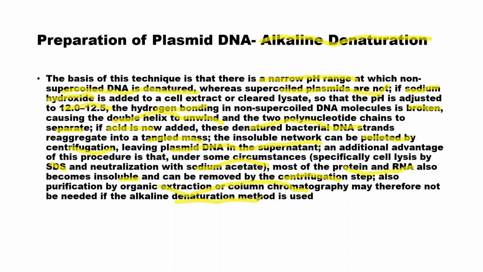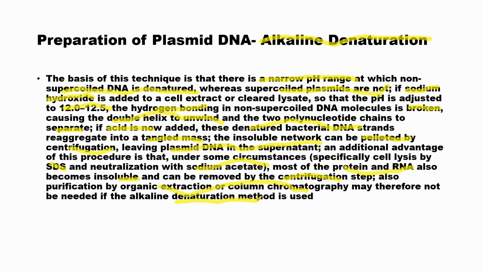Now, in certain cases, there is an additional advantage for this method. For example, if we are performing cell lysis by means of SDS and neutralization by means of sodium acetate, followed by alkaline denaturation, most of the protein and RNA will also remain insoluble. As a result, centrifugation will remove protein, RNA and denatured insoluble chromosomal DNA.